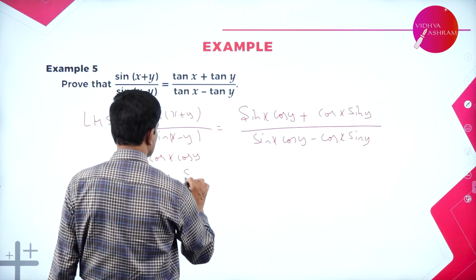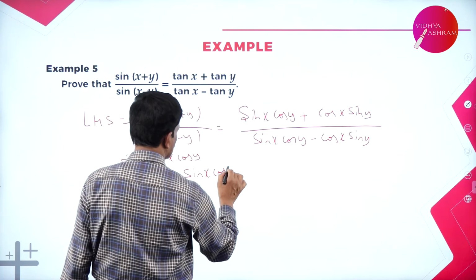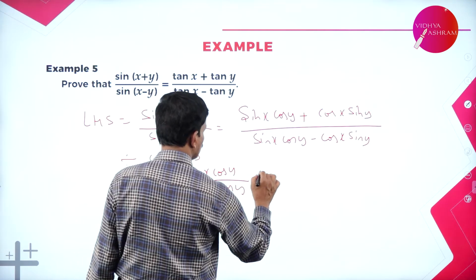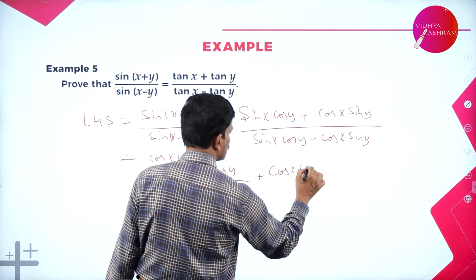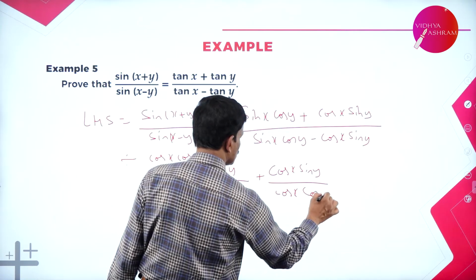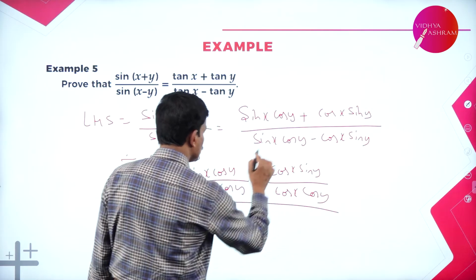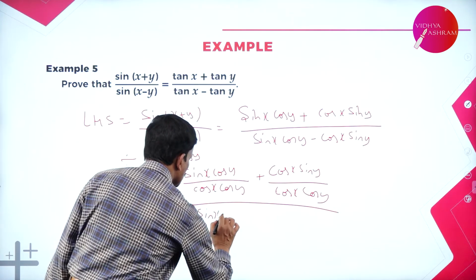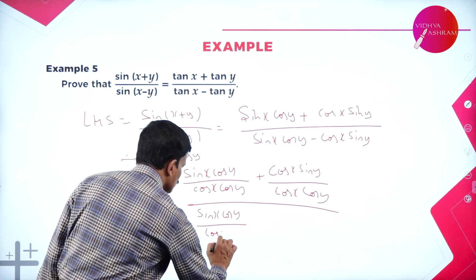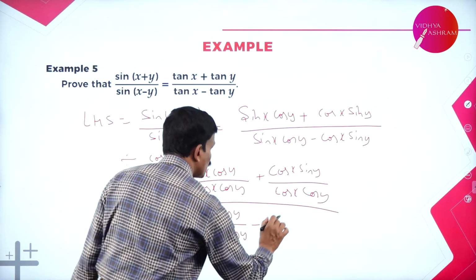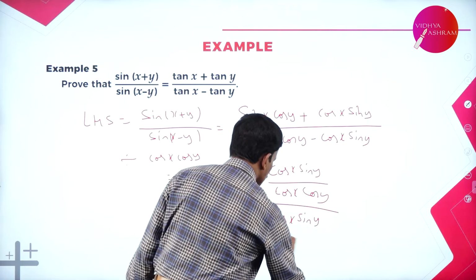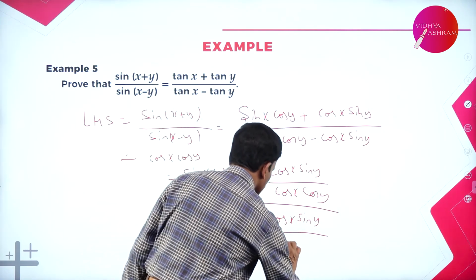This is equal to, see here, sin x cos y divided by cos x cos y plus cos x sin y divided by cos x cos y, divided by, in the denominator, sin x cos y divided by cos x cos y minus cos x sin y divided by cos x cos y.